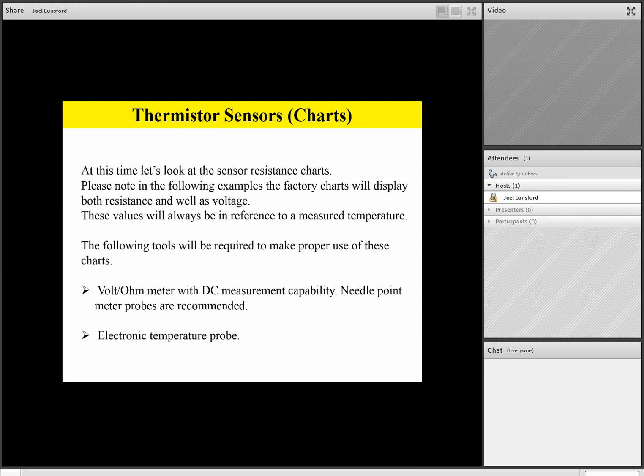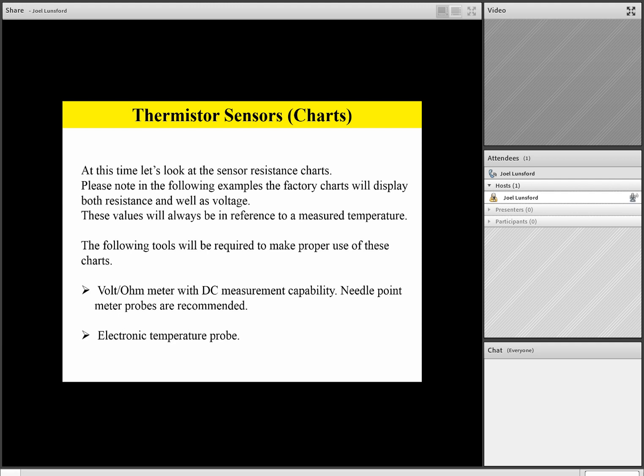On those charts, you're going to be utilizing some voltage and ohms and some temperature readings. So, as a quick reminder, you're going to need a high-quality voltmeter with DC measurement capability, and we recommend needlepoint meter leads, and a good high-quality electronic temperature probe, and we recommend a temperature clamp as well.